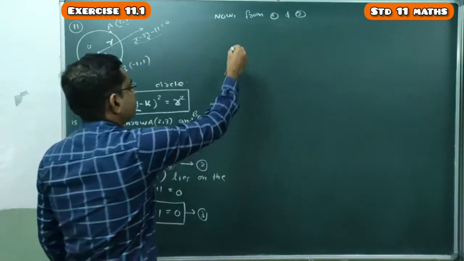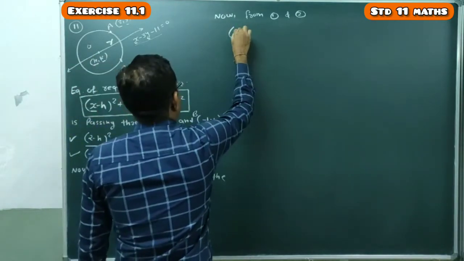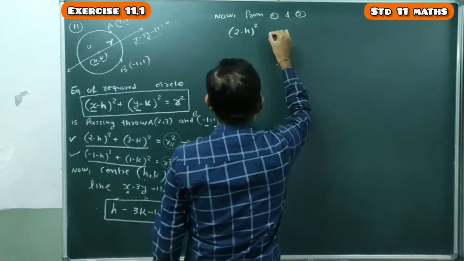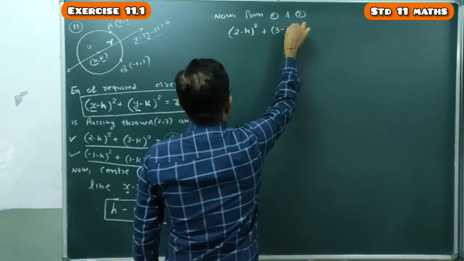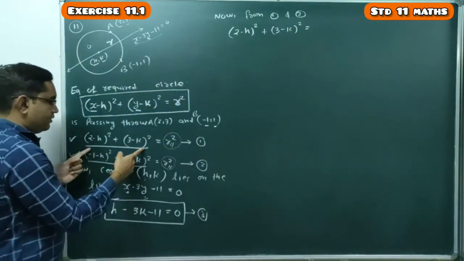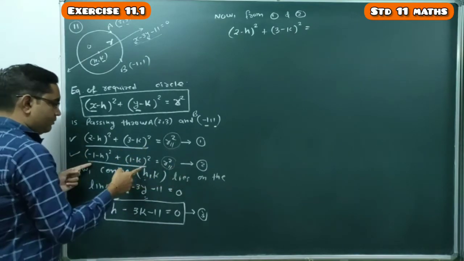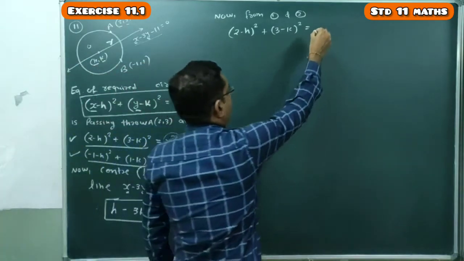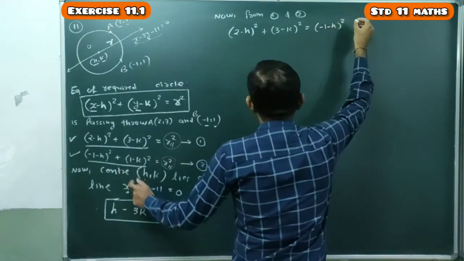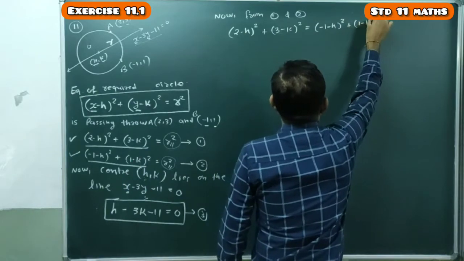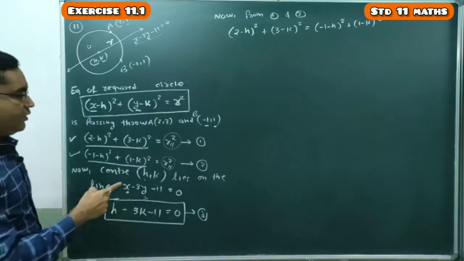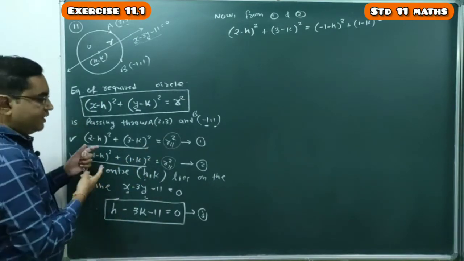So we can write, I am writing the left hand side, (2 minus h) whole square plus (3 minus k) whole square is equal to the left hand side of equation number 2, which is (minus 1 minus h) whole square plus (1 minus k) whole square. This is by comparing equation number 1 and equation number 2 on the left hand side.